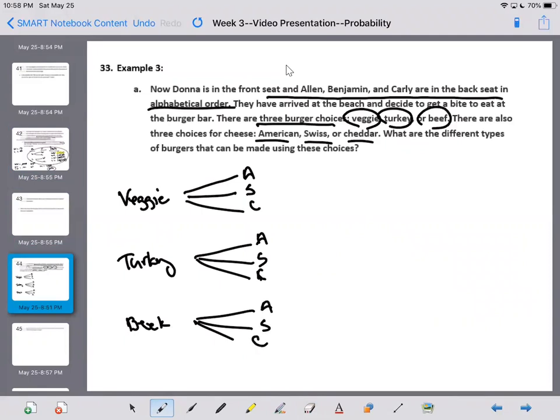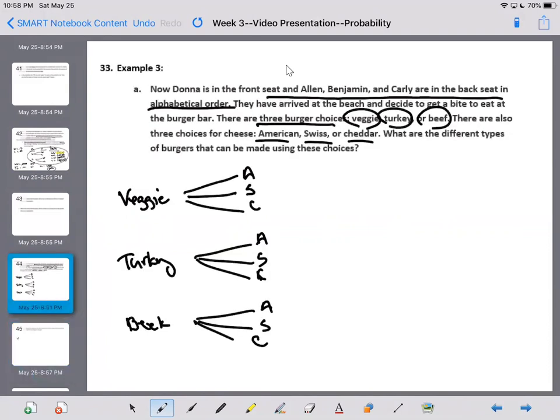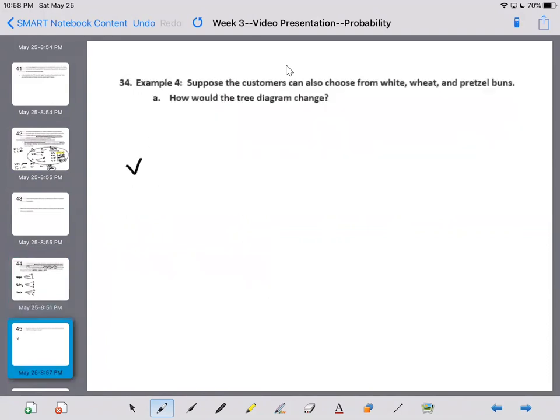So the different types of burgers that can be made are from this tree diagram. So suppose the customers also want to choose from white, wheat, or pretzel buns. How does this change the tree diagram? Well, remember, you've got veggie, turkey, and beef. And you've got American, Swiss, and cheddar.